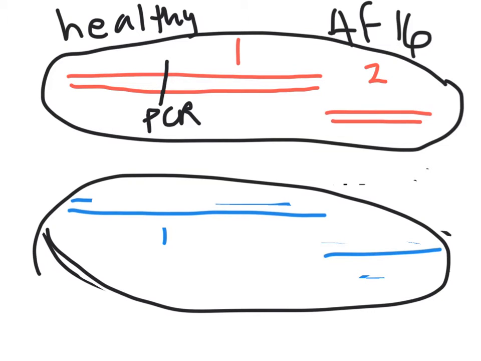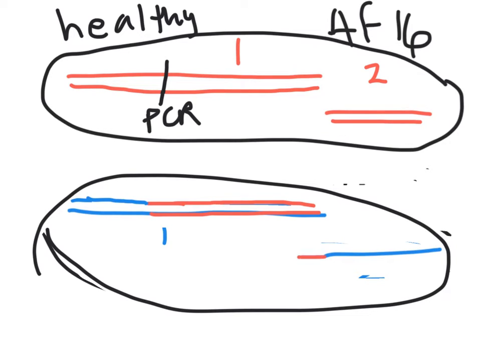Part of chromosome 1 will be from AF16. Part of those chromosomes will be from HK104 because it's a grandchild. So it's a genetic hybrid. It's got a combination of the blue from AF16 and the red from HK104. Sorry, opposite. Red from AF16, blue from HK104.